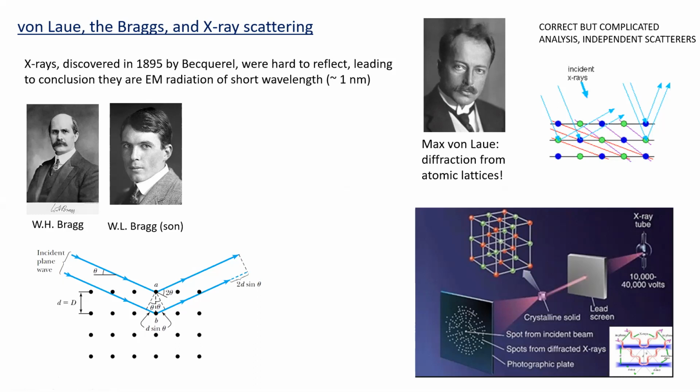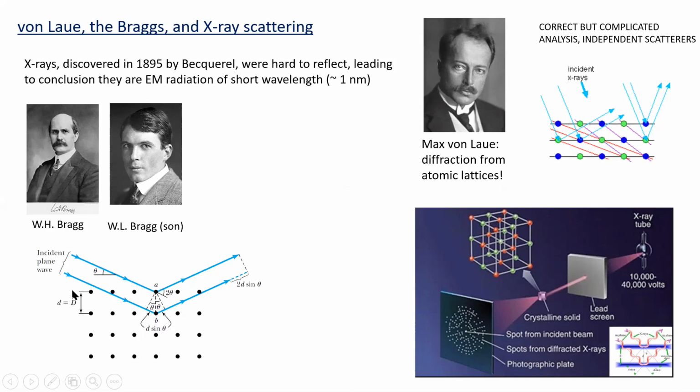The incident plane wave could also bypass the first layer of atoms and reflect off the second layer of atoms. It would come in at angle theta and come out at angle theta, so a total deflection of 2 theta. But there would be a difference in the path length that the X-ray going to the second layer traveled compared to the X-ray traveling to the first layer, because it's clearly traveling farther to get to the second layer.